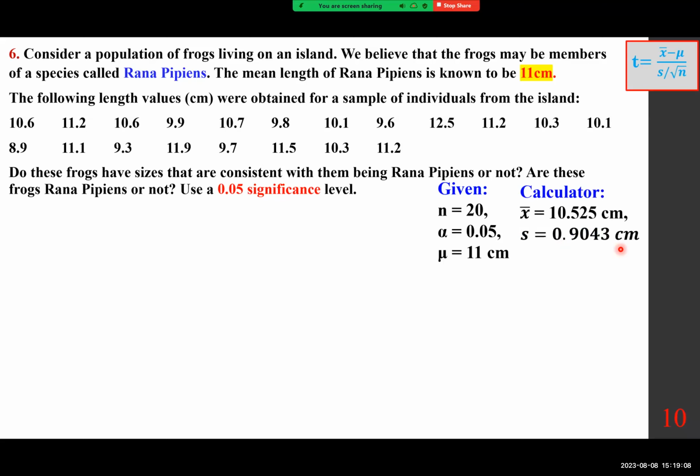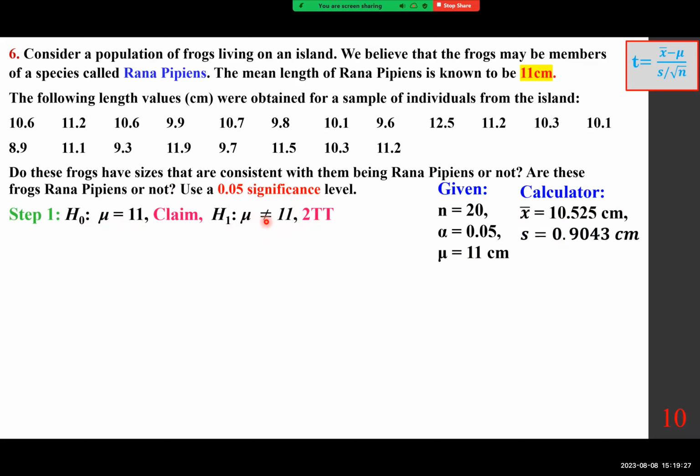Since we are checking the average, the mean, we are going to go with H0: mu equals 11, and H1: mu is not 11. So pay attention to the way we write it. H0: mu is 11, H1: mu is not 11.